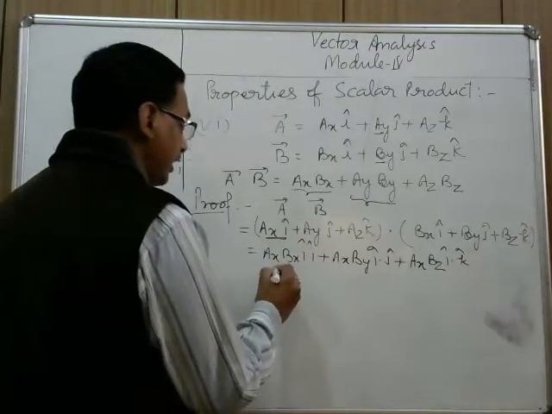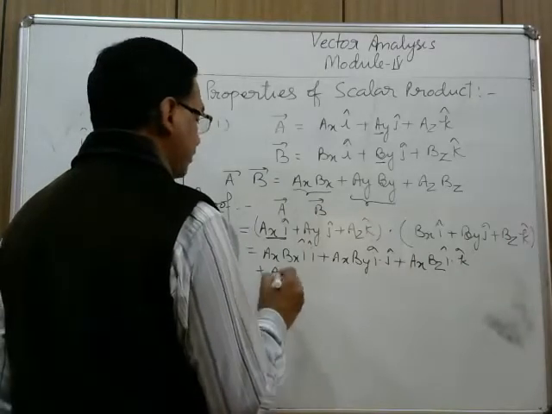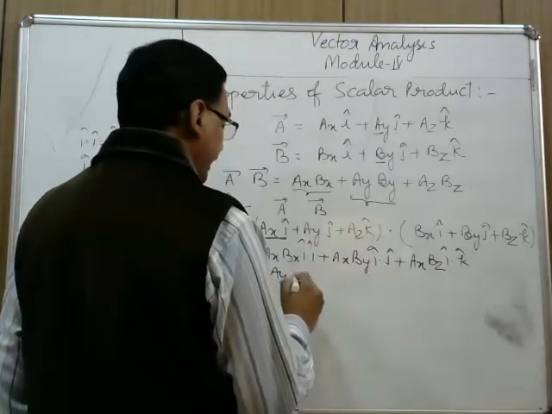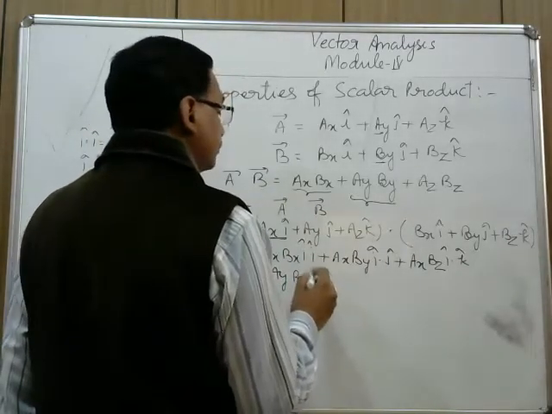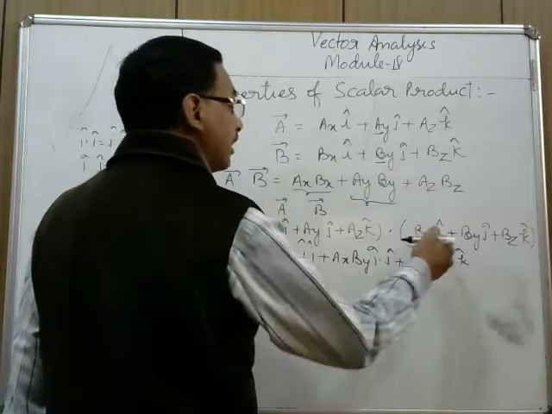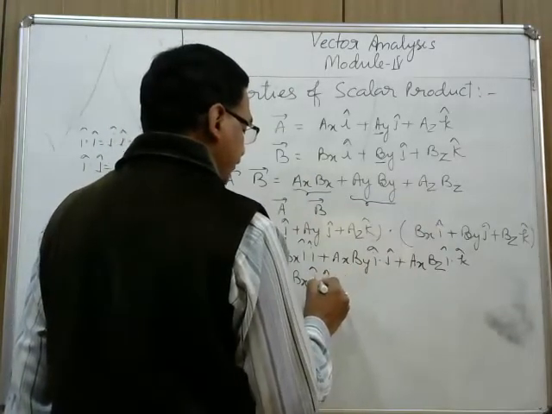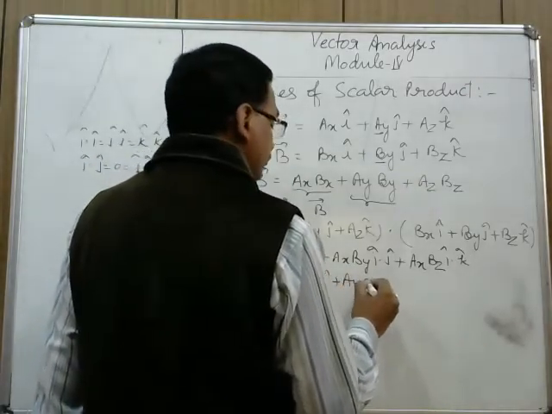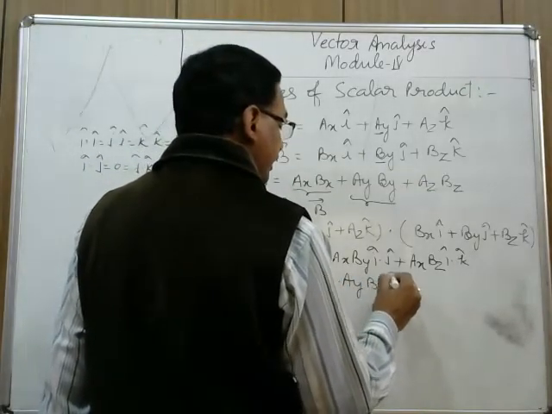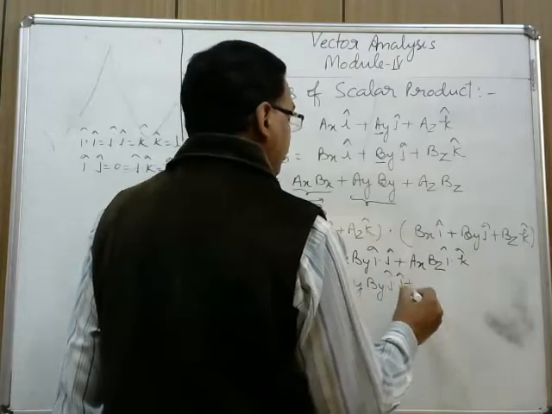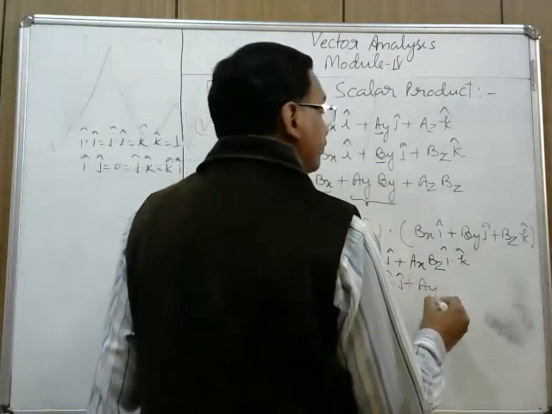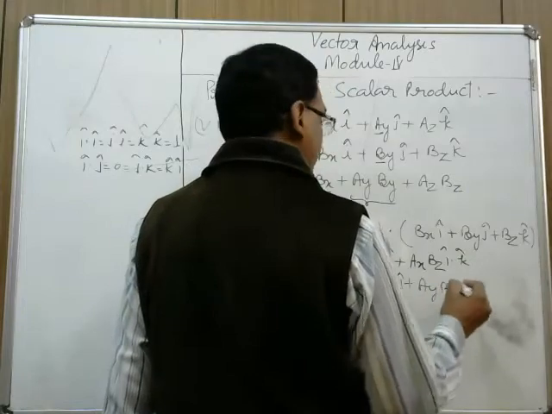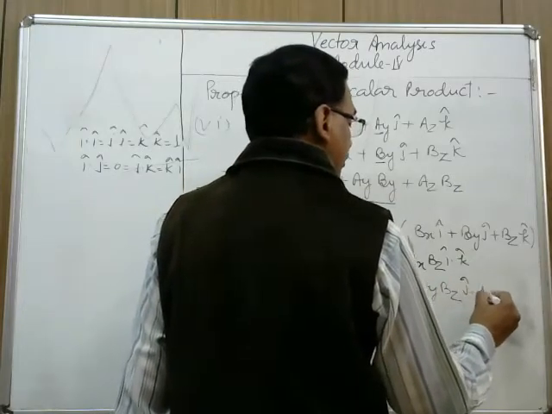Now after this I will start with Ay. This is Ay Bx j dot i, plus again Ay By j dot j, plus Ay Bz j dot k.